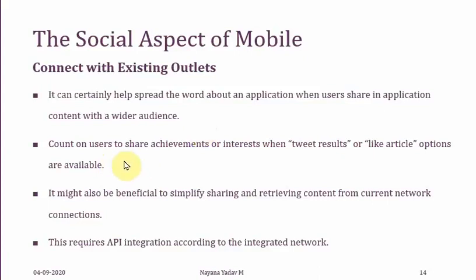And count on users to share achievements or interests when tweet results or like article options are available. Many times it happens that people post their kids' photos, like during Krishnashtami, as if participating in a competition, and whoever gets the maximum likes will be the winner.